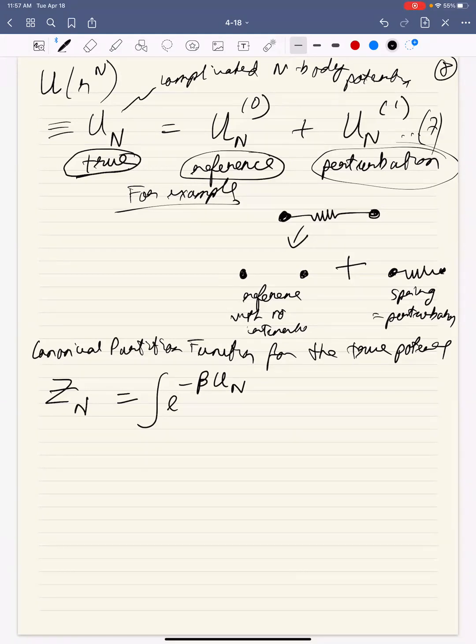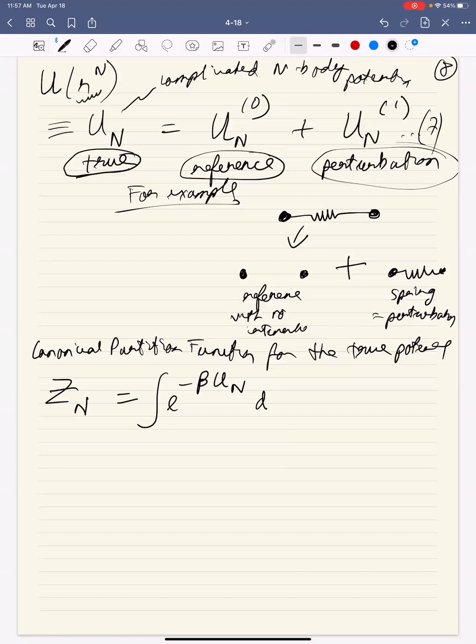Vanessa. What should I integrate over here? D of Rn being? Should I integrate over every particle? It's the n-body system. That's your hint. So we talked about two types of Rn, right?